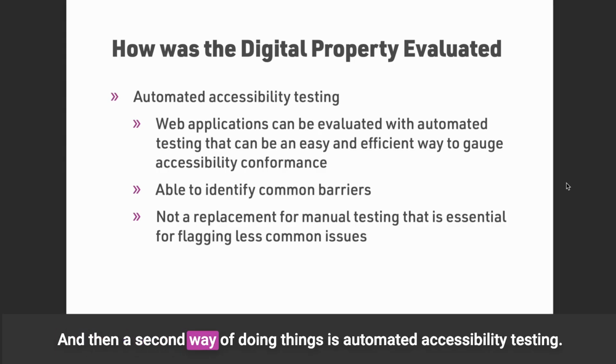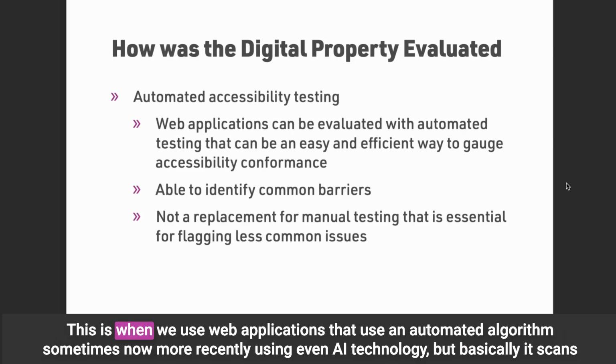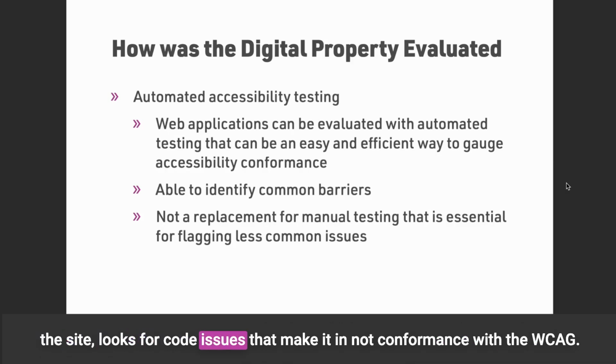And then a second way of doing things is automated accessibility testing. This is when we use web applications that use an automated algorithm, sometimes now more recently even using AI technology. But basically it scans the site and looks for code issues that put it in non-conformance with the WCAG.